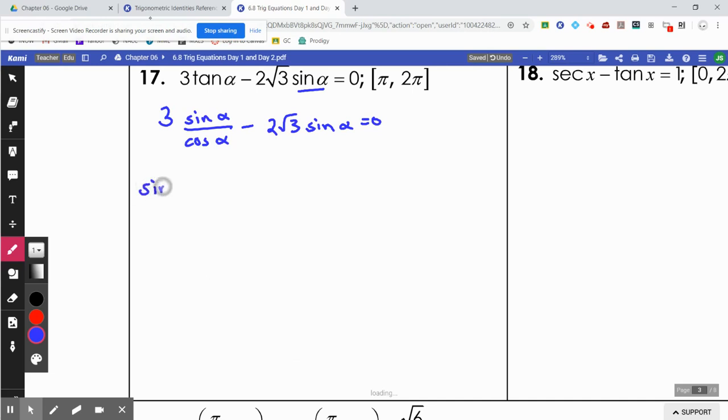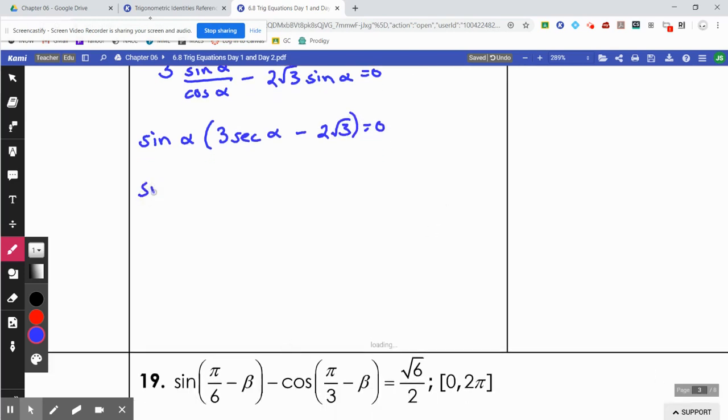You have now the sine of alpha times 3, and that would leave you with 1 over cosine whenever you factor it out of that. I don't want to leave it as 1 over cosine, and 1 over cosine is secant. So you're left with 3 secant alpha minus 2 root 3 is equal to 0.